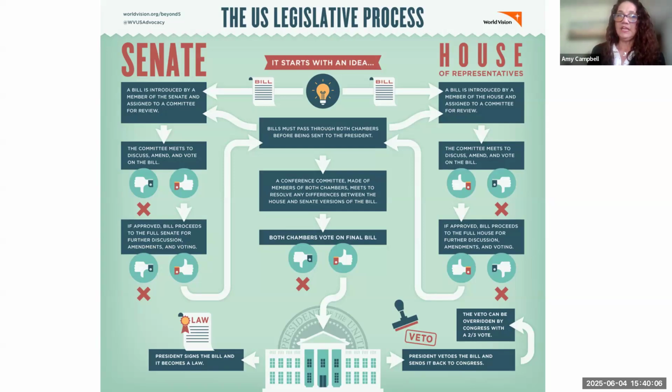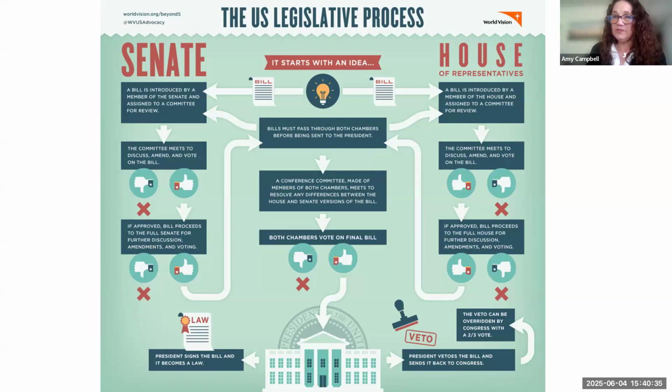So the process is a little bit different, but somewhat similar in the sense that at the end of the day, you've got to get your Senate vote, you've got to get your House vote, and you're going to have the president endorse it. At the state level, you're going to have to get through the House, you're going to have to get through the Senate. You can skip one side or another if you're lucky enough to get it added into a conference committee report, but it's still going to have to get an approval vote in both chambers.